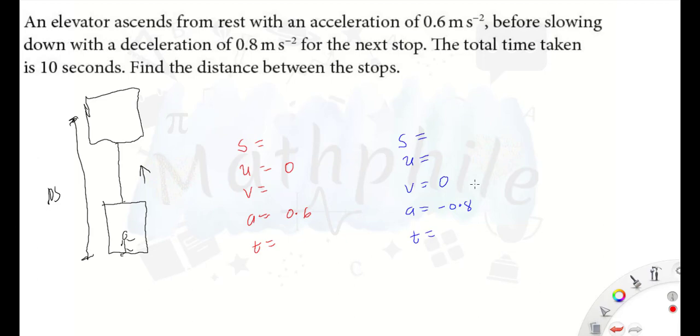So if the particle has traveled t in the first stage, how long is going to be the second stage? 10 minus t. That is very, very good.